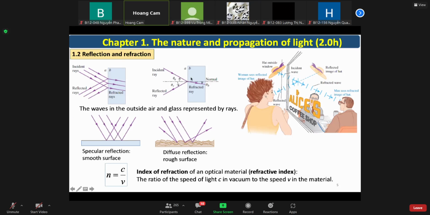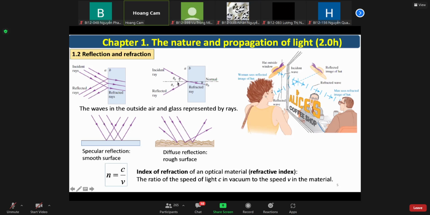If you look at this figure, we see theta A like this one, and theta B smaller than theta A. If you are also a good student in physics, you will at once understand, even if we don't know exactly what the materials are in A or B, that the refractive index of material B is larger than the refractive index of material A, right?